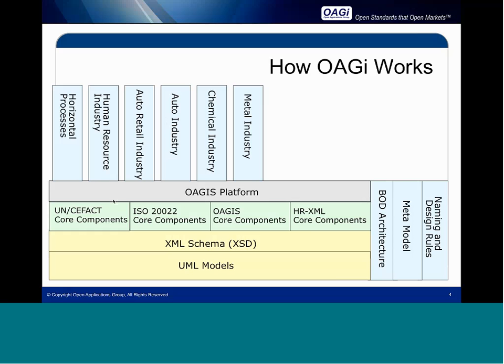So let's discuss for a minute how OAGi works. There are some fundamental technologies and tools that help us use OAGi, and we start at the bottom with UML models. These UML models help us define what information is required and what processes are in effect for various OAGi messages.